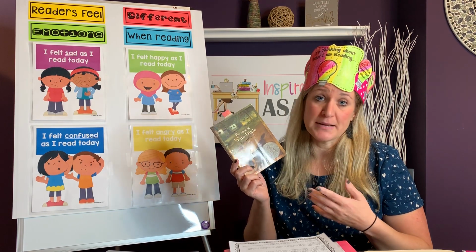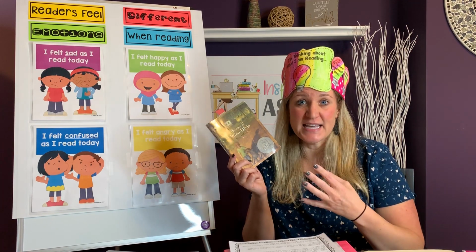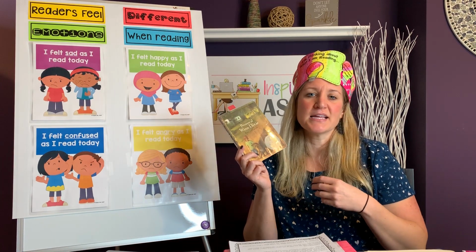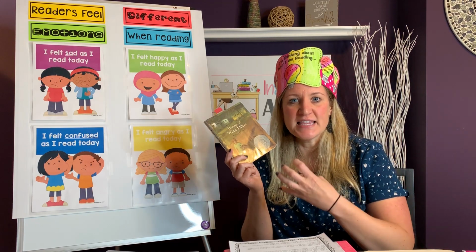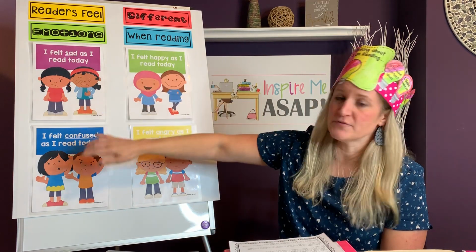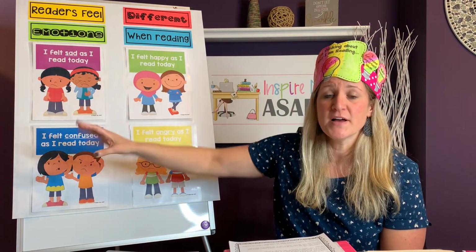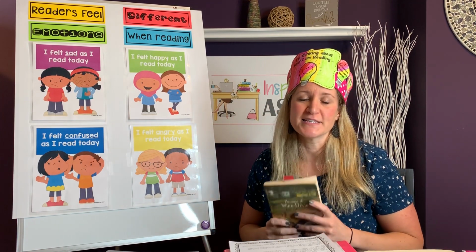It doesn't even have to be a book, by the way. It could be a recipe, a text on a website, something that you feel passionate about, whether it is sad, happy, confused, angry, all of the above, something that you can demonstrate to your students that you have strong feelings about.